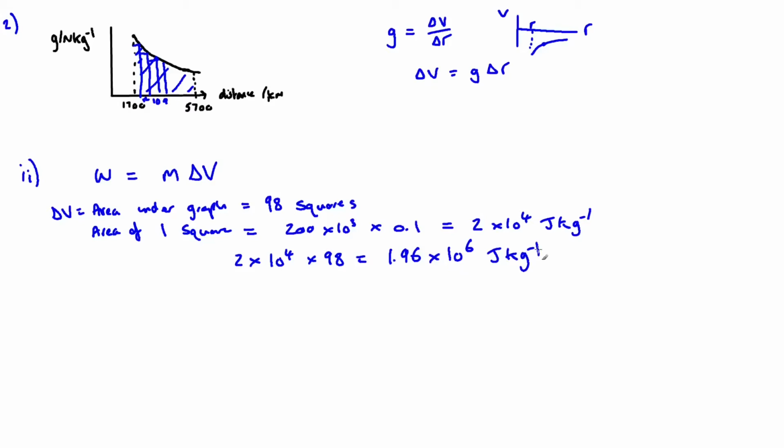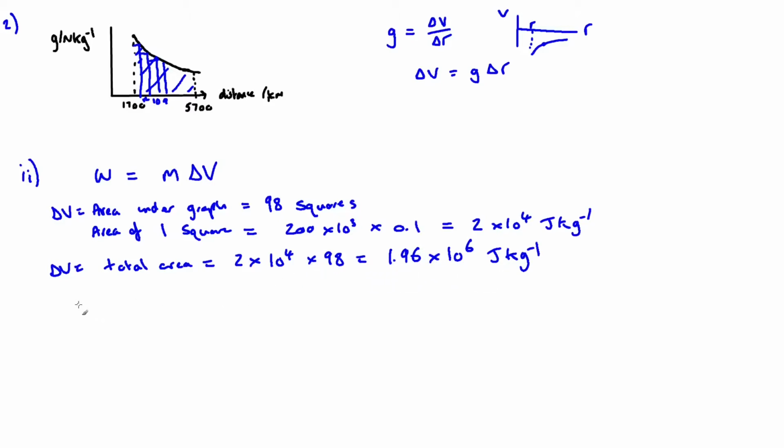So that is the total area under the graph between 1,700 kilometers and 5,700 kilometers, simply by working out the area from the number of squares multiplied by the area of one square, which we have there. That will give us the total area under the graph, and we have that answer.